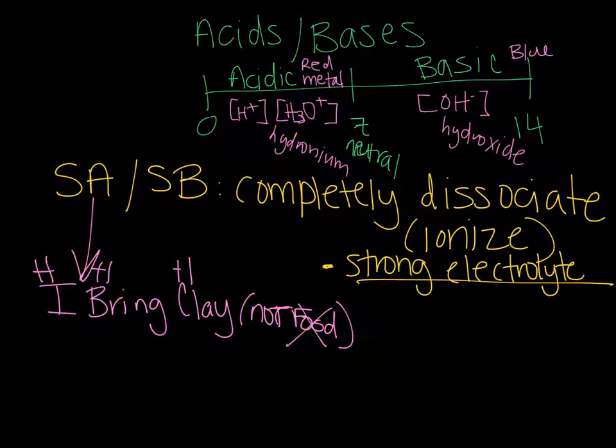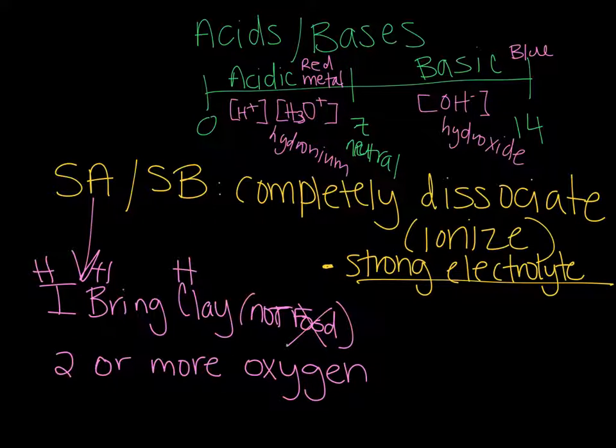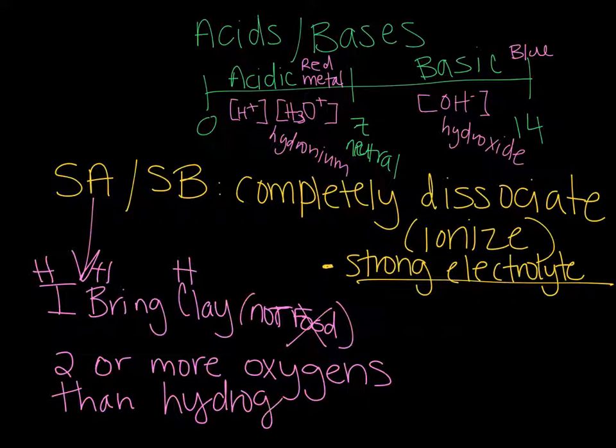And we had one other rule. 2 or more what? Not hydrogens, oxygens. So these are oxyacids. 2 or more oxygens than hydrogens. So nitric acid, sulfuric acid, all of those.